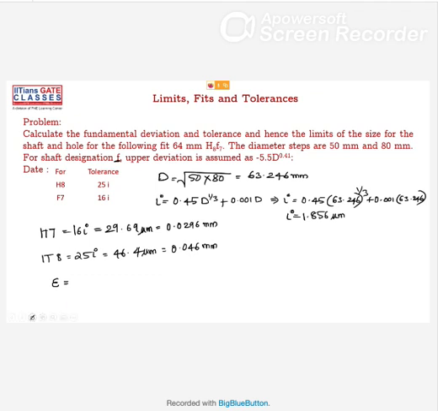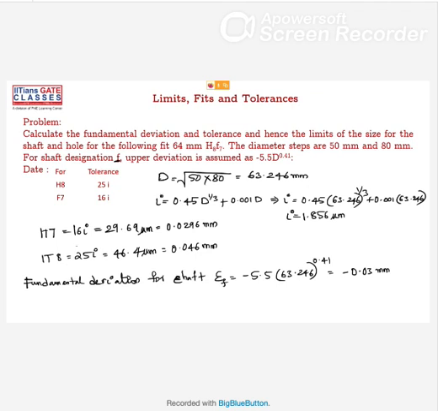For f, he told that it is minus 5.5 into D, that is 63.246 to the power of 0.41. For this calculation, it is like minus 0.03 mm.